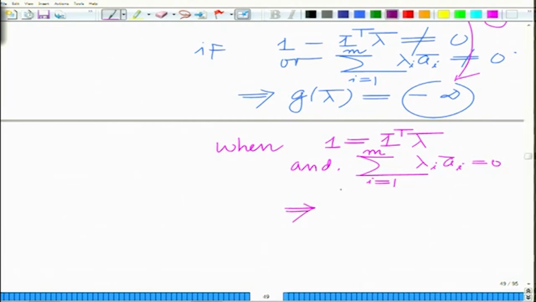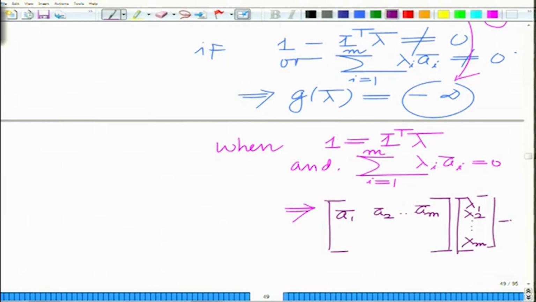If you write this in matrix form, you have the matrix with columns a1 bar, a2 bar up to am bar, times lambda 1, lambda 2 up to lambda m, equal to 0.